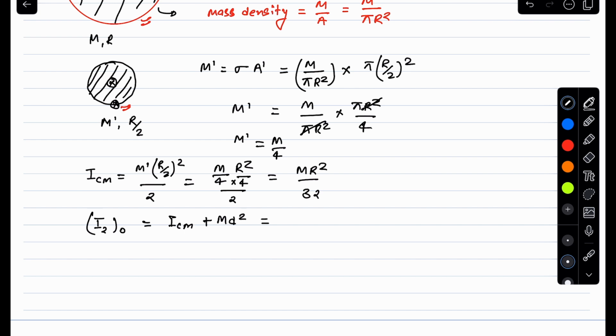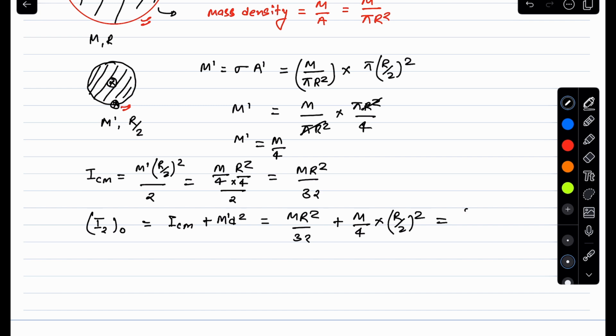There is a similar perpendicular axis theorem, that also I will put in the description and in the comment. Okay, so ICM, the moment of inertia of this disk, is mr square divided by 32, and mass of this disk, as we just calculated, is m by 4, and the perpendicular distance from the center of mass to the O axis is r by 2, so that is r by 2 square.